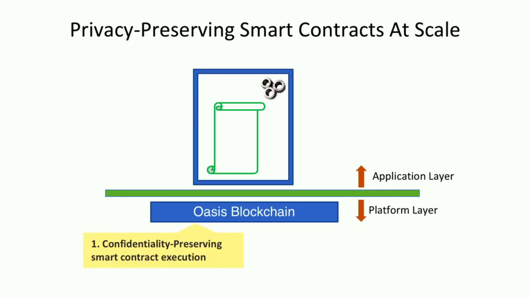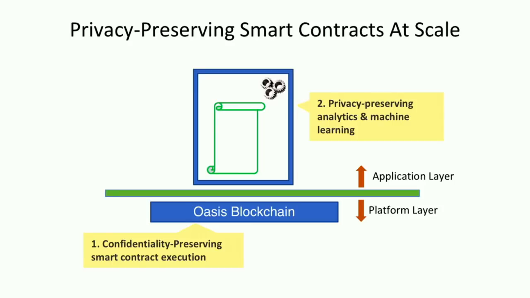So at the platform level, first we build confidentiality-preserving smart contract execution to protect the smart contract execution process from leaking sensitive information about the inputs.